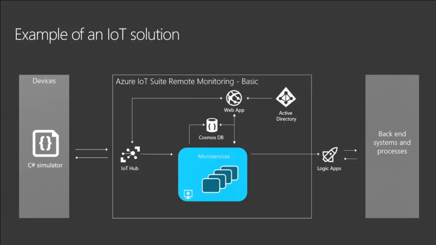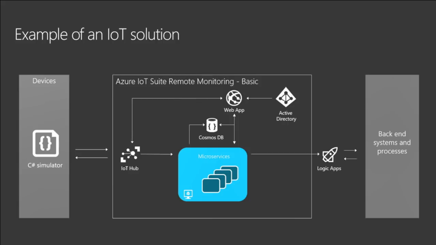An IoT solution will actually consist in safely and securely connecting devices and things, collecting the data, and then implementing a chain of events or a chain of services that will take care of that data and do whatever you need it to do. So that's an example here of what an IoT solution could look like. That's the new pre-configured solution we have in IoT Suite. It has an IoT Hub to connect the devices and talk to them.